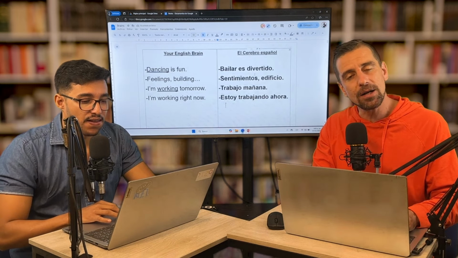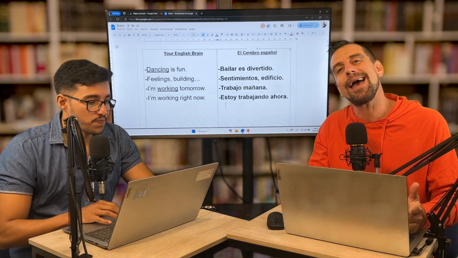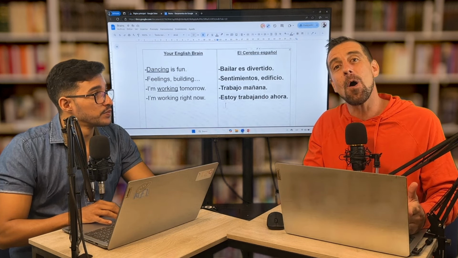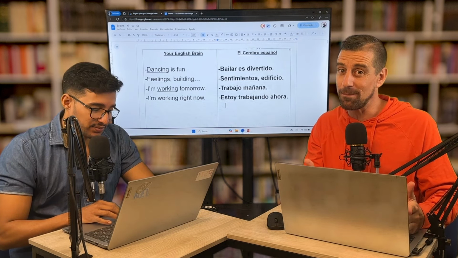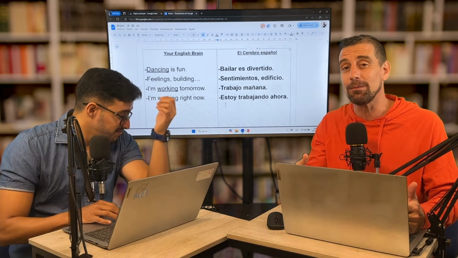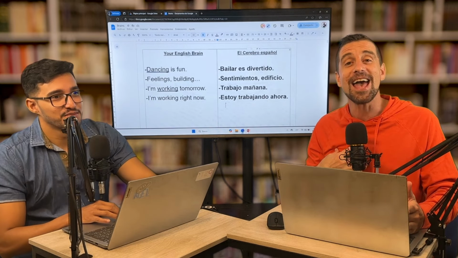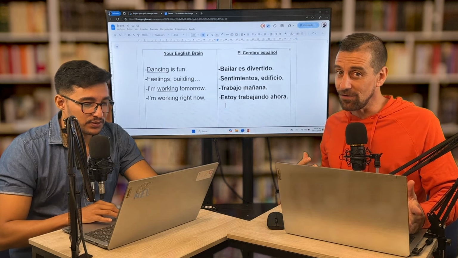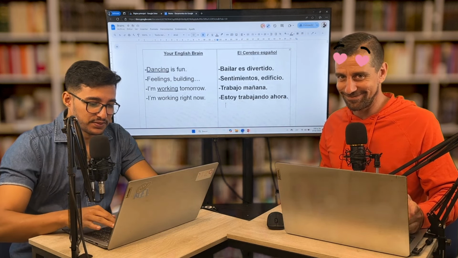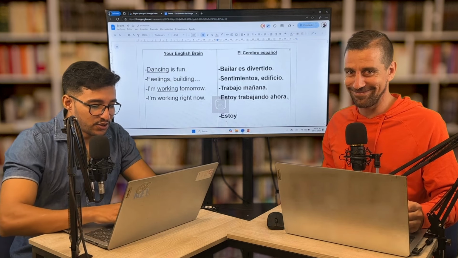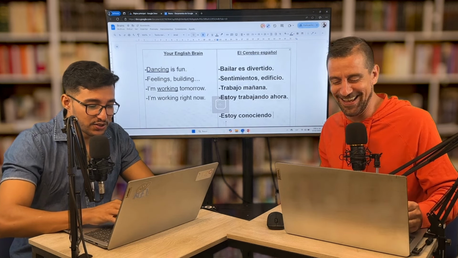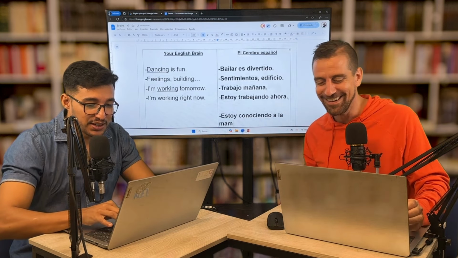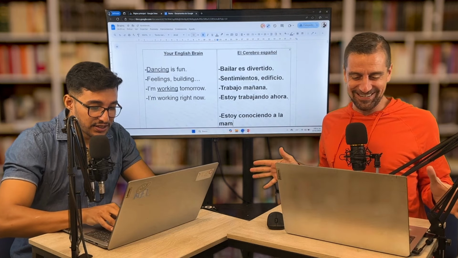Now, if it's an ongoing process, like if I am getting to know Nelfer's mom, even though I'm not doing it right now, it's an ongoing process. So, ahora estoy, the verb is conocer, conociendo a la mamá de Nelfer. Estoy conociendo a la mamá de Nelfer.